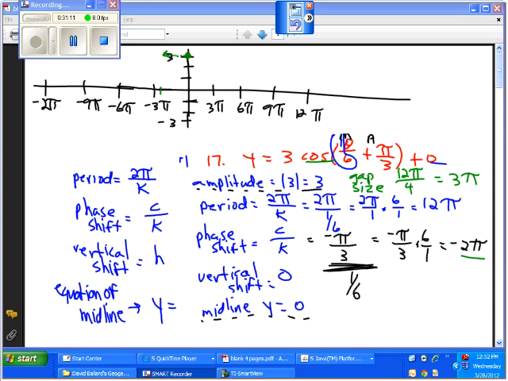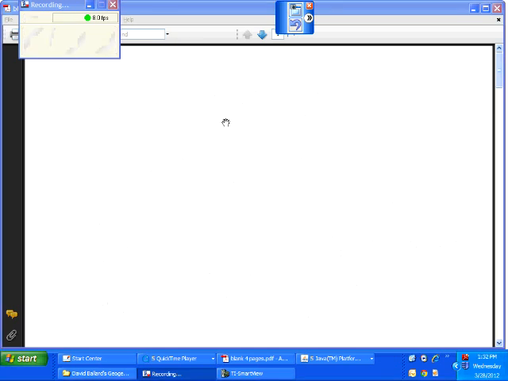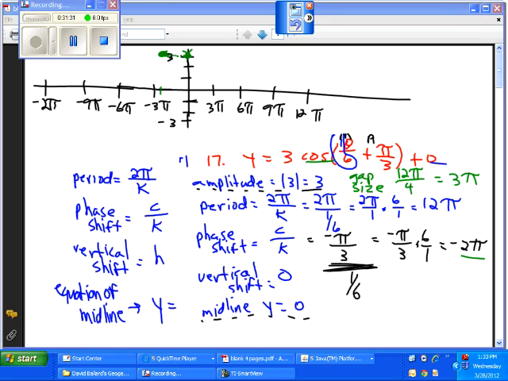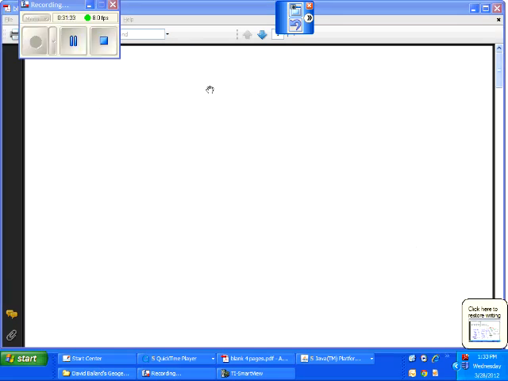So it's going to be at negative 2 pi. See that? What's your next cosine hit? 0. It would have been here, but it's going to shift.